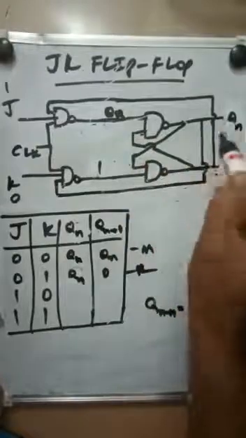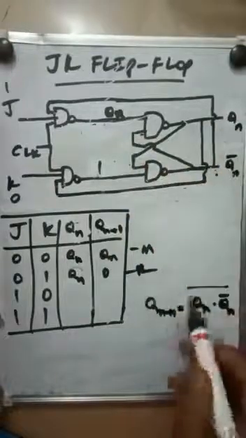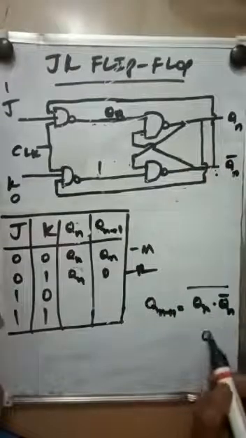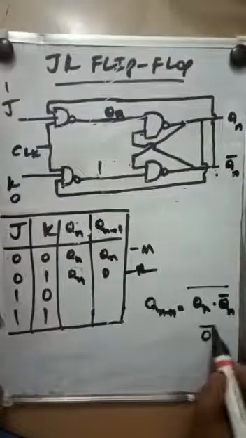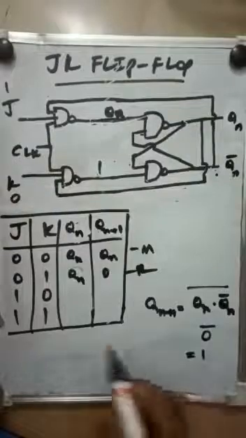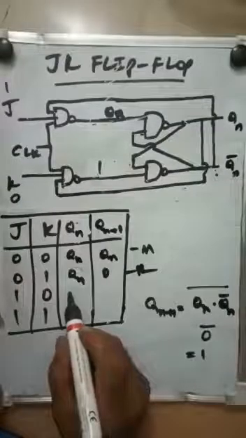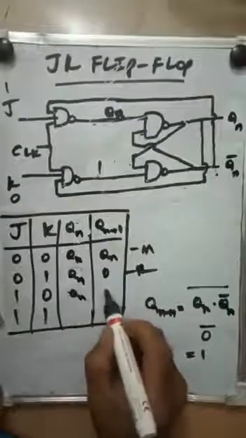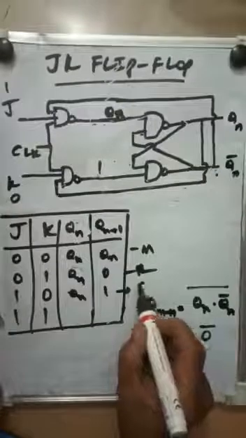This is qn bar and qn whole bar. Then this is the qn state, the present state. Next state of this state. That means what is this? This is 0. Qn bar 0 becomes 1. That means even though this value is equal to qn or something else, this is always 1. That means this is called the set state.